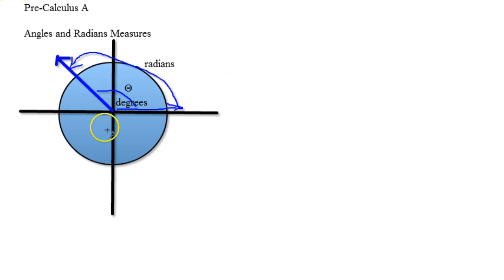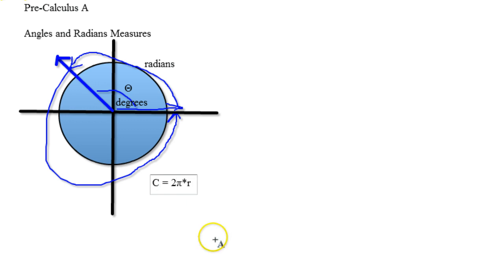Radians are as if we were able to go around this entire thing and come back to this one spot. Well, if you think about it, that's circumference. Circumference is 2 pi times the radius, and the radius of this is going to be 1 because it's a unit circle.